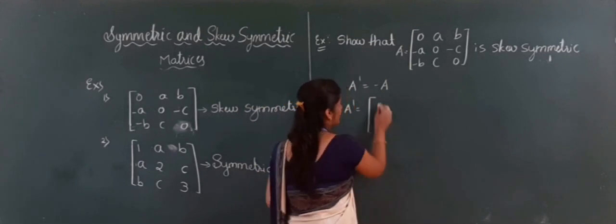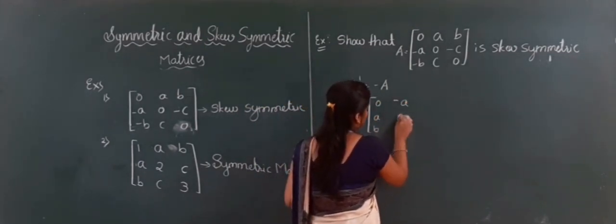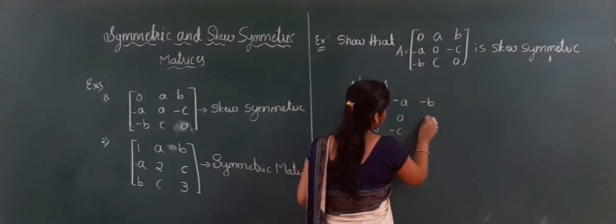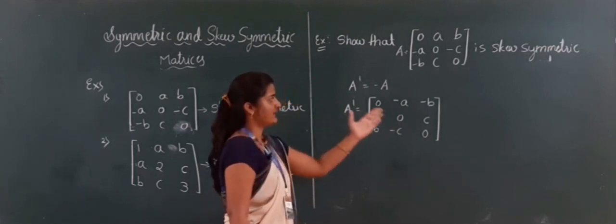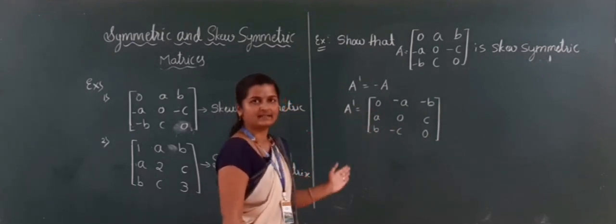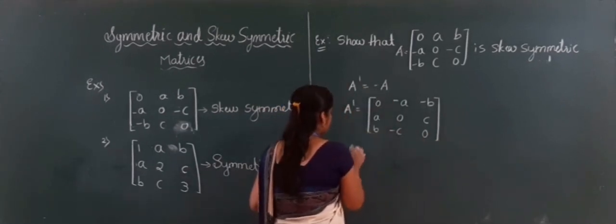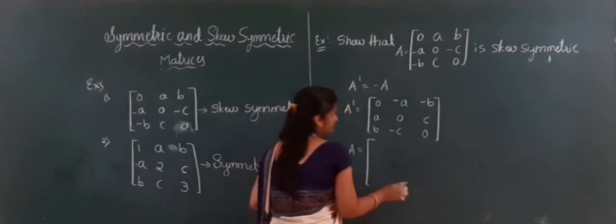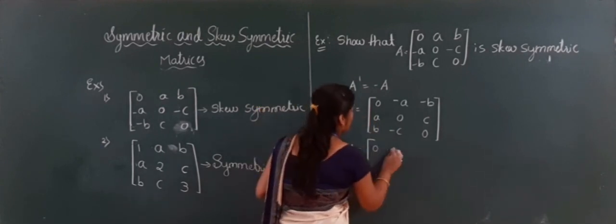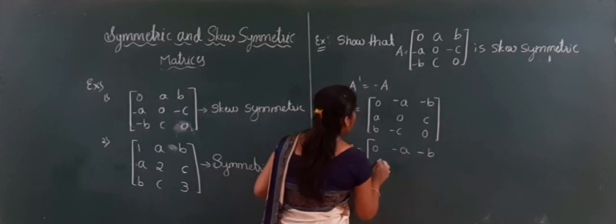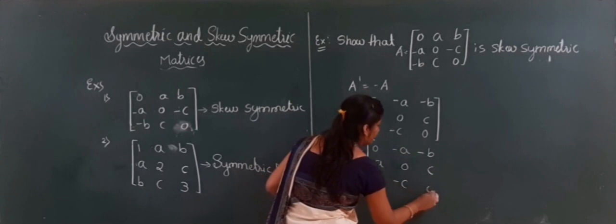What is A transpose? From 0, A, B; minus A, 0, minus C; minus B, C, 0, we get 0, minus A, minus B; A, 0, C; B, minus C, 0. Next, minus A: I have to multiply minus to A, giving 0, minus A, minus B; A, 0, C; B, minus C, 0.